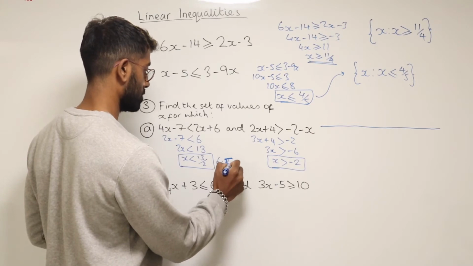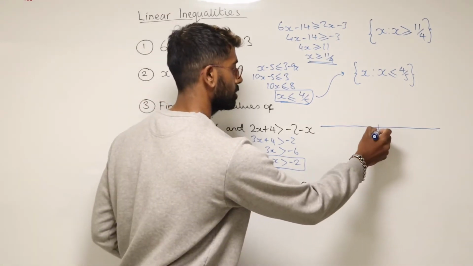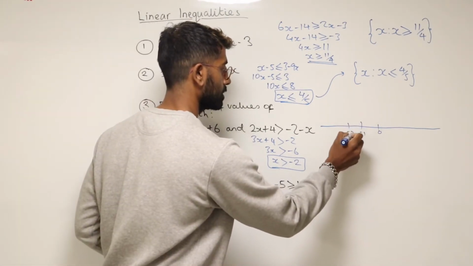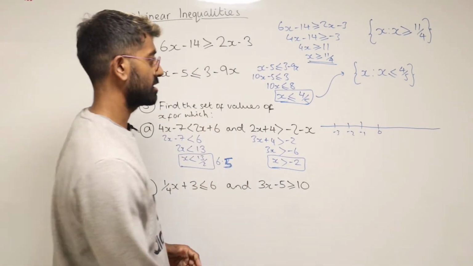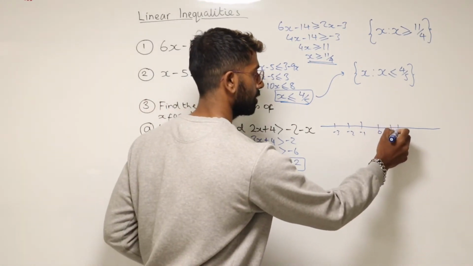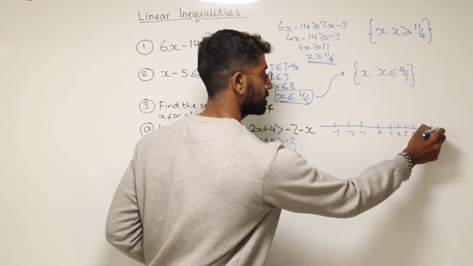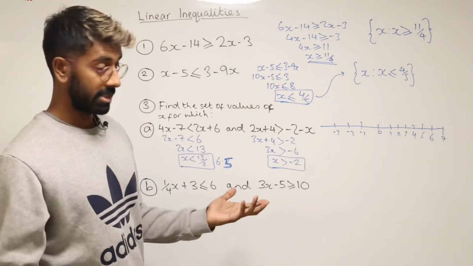There we go. And so if I had a number line where this is 0, I could say maybe, here's minus 1, minus 2, minus 3. And then for this side, we'll say 1, 2, 3, 4, 5, 6, and then 7. So, bang in the middle of those is going to be 6.5.